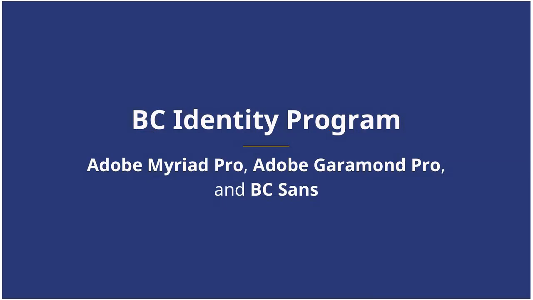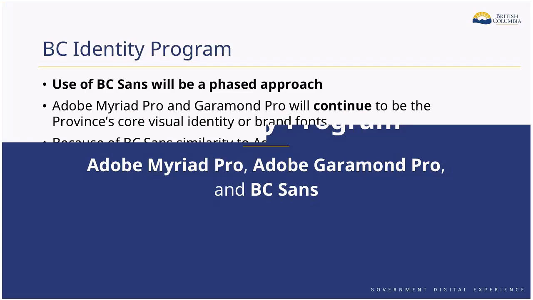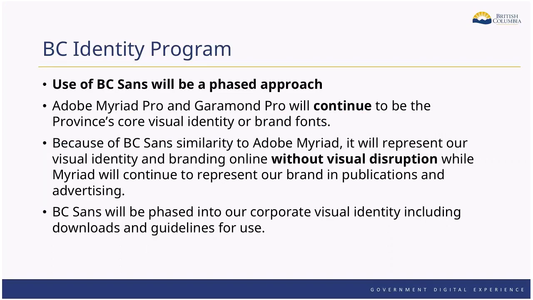So within the BC Identity Program, which is administered from this office, as mentioned, Adobe Myriad Pro and Garamond Pro are our corporate typefaces, and BC Sans will be added to the mix. The use of BC Sans will be a phased approach.